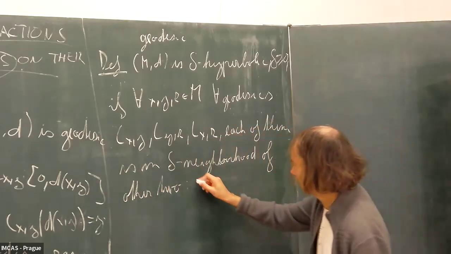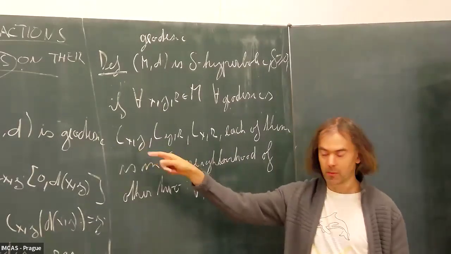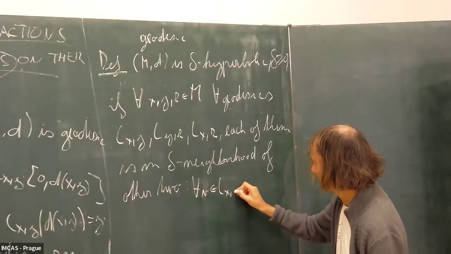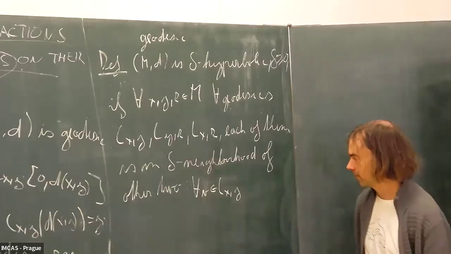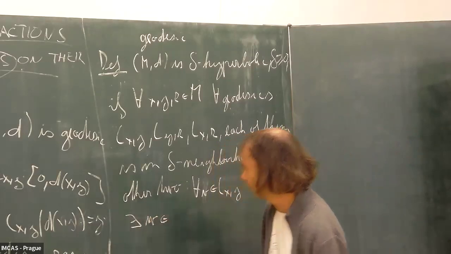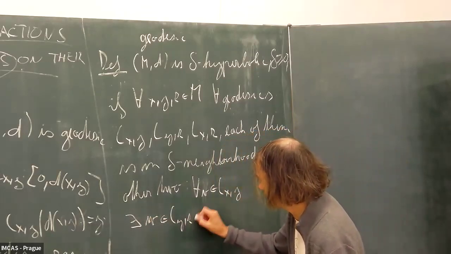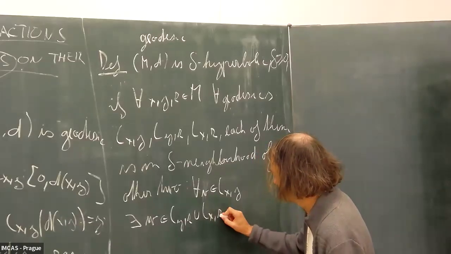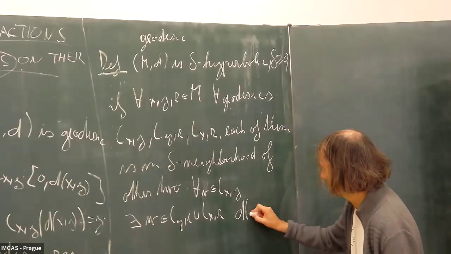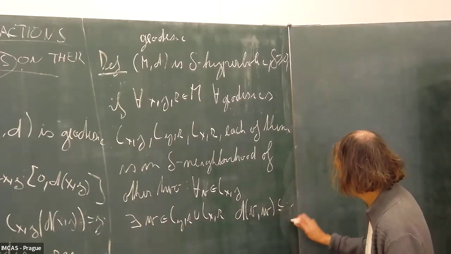So what that means: if you take any point on one of these geodesics, now identifying each of the geodesics with its image, then there exists some point W in the union of the remaining two such that the distance between them is at most delta.